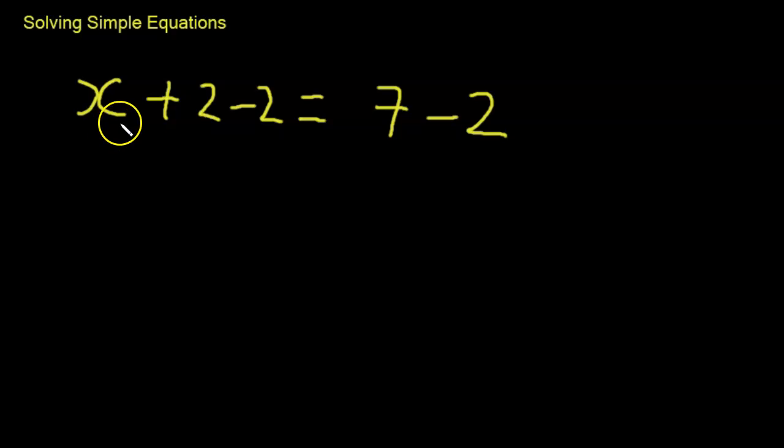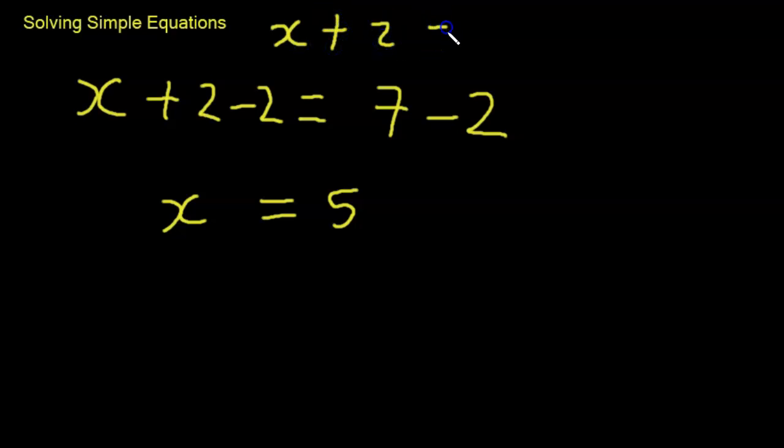So here, 2 take away 2, leaves us with 0, nothing, right? And 7 take away 2, leaves us with 5. So our solution here is x equal to 5. Remember the original problem? x plus 2 equal to 7. That was the original problem.